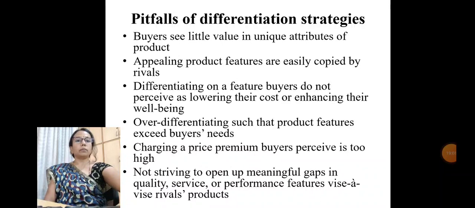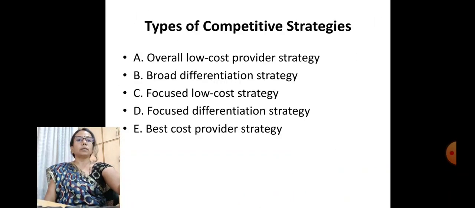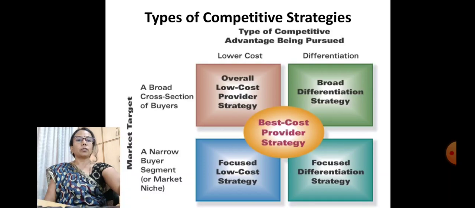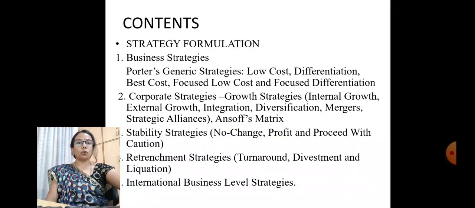So till now we discussed the two major competitive strategies defined by Porter, that is the low cost and the differentiation strategy. In the next video I'll be covering the other business strategies, which include best cost strategy, focused low cost strategy, and focused differentiation strategy.